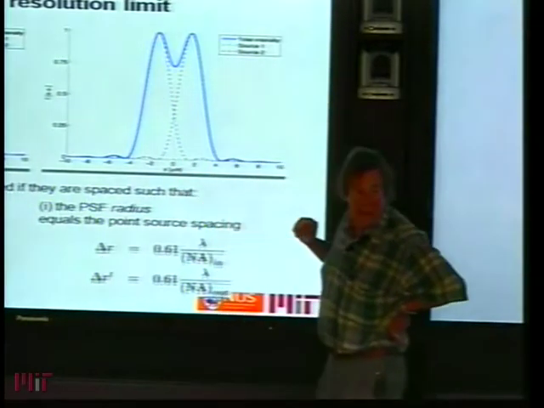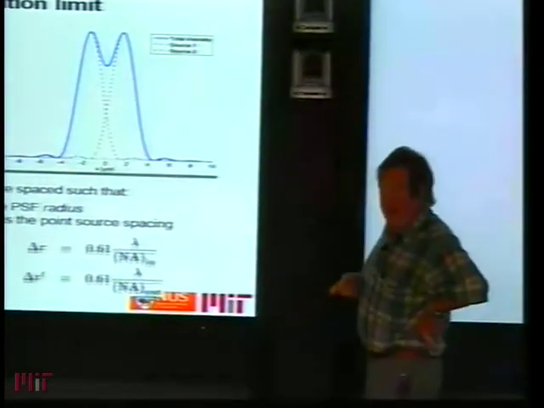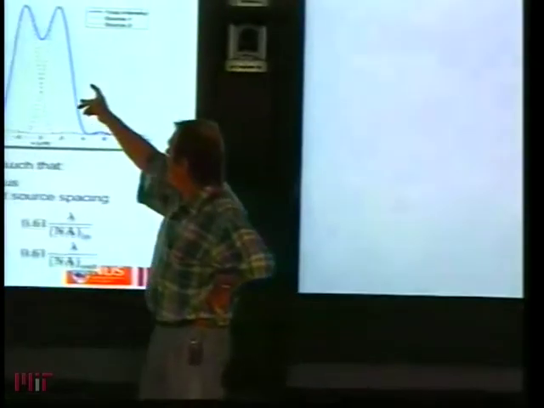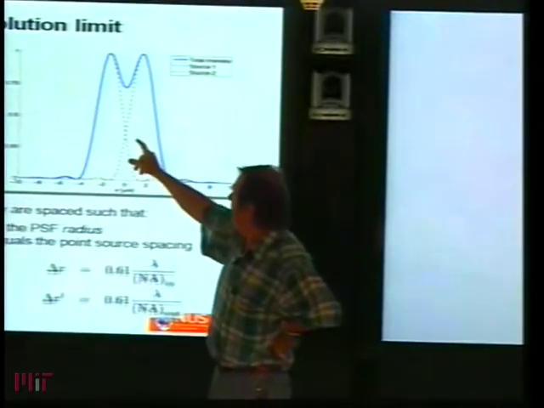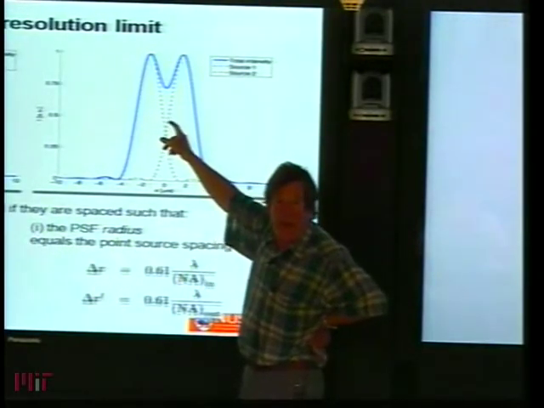That's what defines this separation. If they're separated by that amount, the total image is given by this blue line. We get that just by adding together the two intensities of the two points.